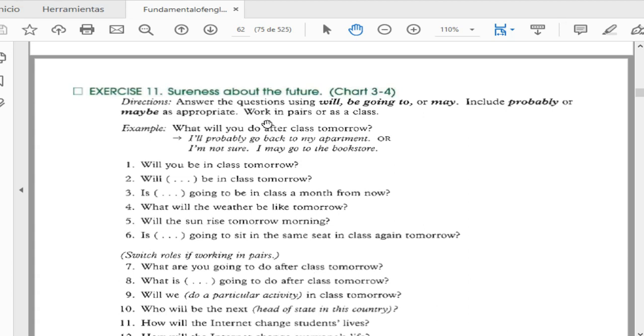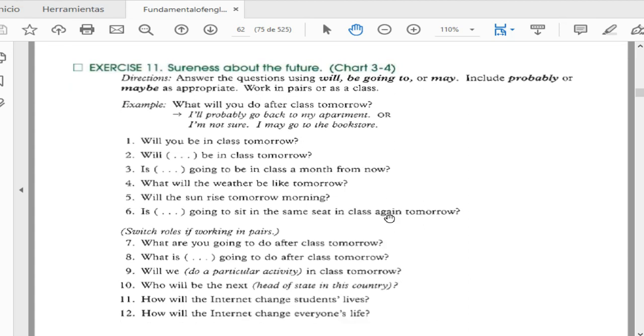Okay? Sureness about the future. It says directions. Answer the question using will, be going to, or may. Include probably or maybe as appropriate. Work in pairs. This exercise is going to be developed in pairs. For example, on Wednesday, I'm going to practice with Joel exercise 11.